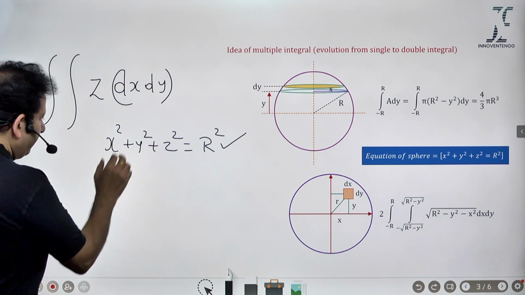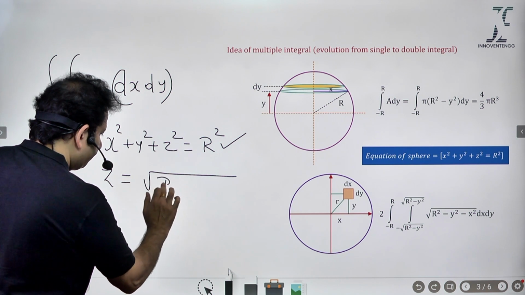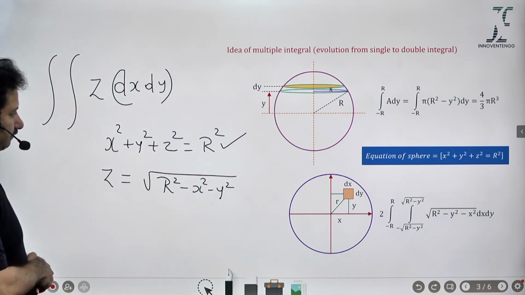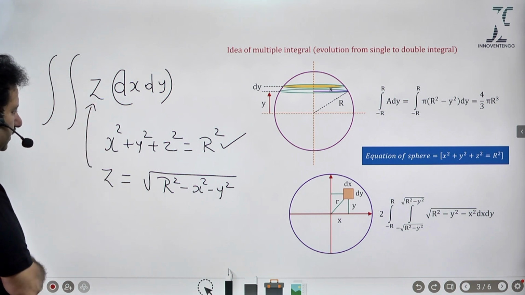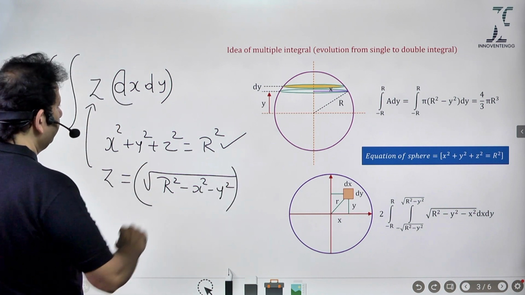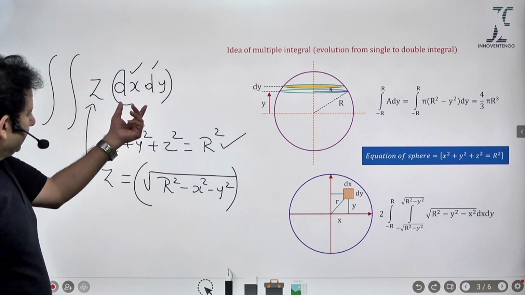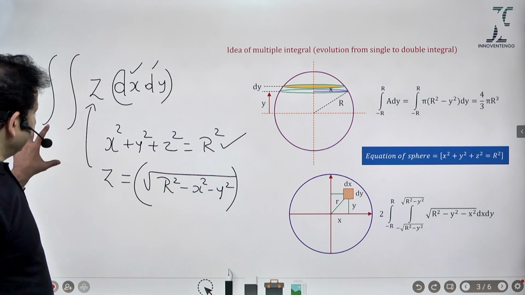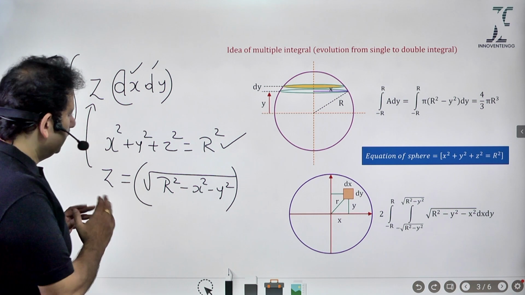Now if I deduce the value of z from this, it turns out to be root of r square minus x square minus y square. So this requirement is also fulfilled. Now I am going to integrate this expression with respect to x and y in tandem, and that would mean that I am multiplying the elemental area by z and then carrying out the integration, which obviously gives me the volume.